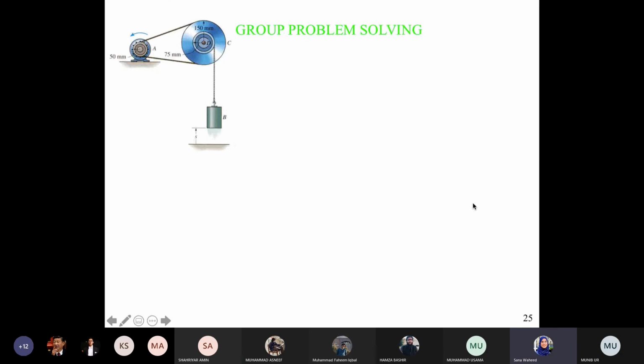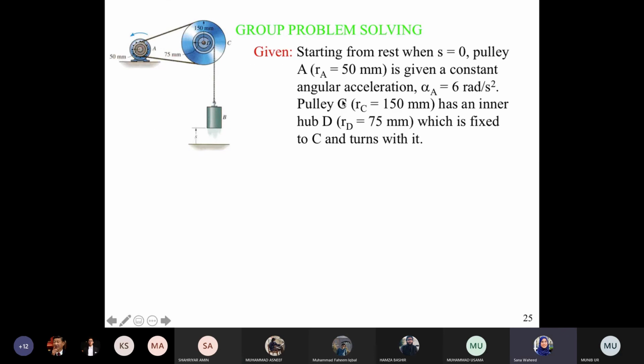So today we're jumping into solving another problem, but this time around the motor is being used to lift up a load. So in this case, what's happening is that starting from rest, when S is equals to 0, that is this load is lying on the ground, pulley A, the one that's attached to the motor, is given a constant angular acceleration of this, and then pulley C has an inner hub.